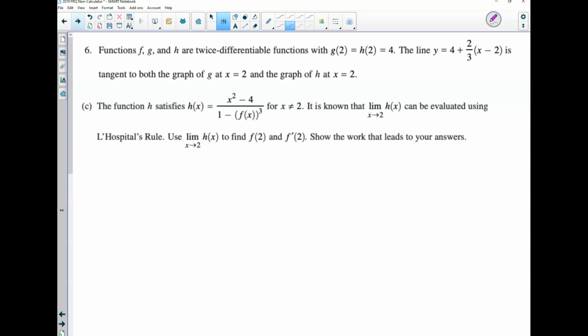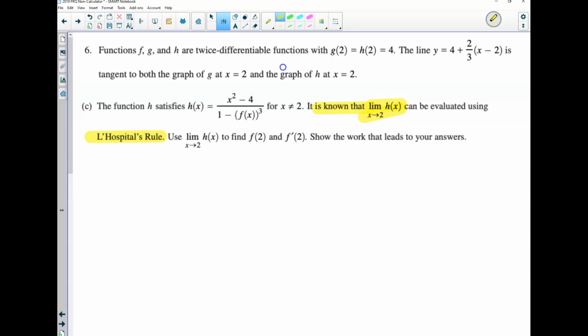So the function h satisfies h of x equals that for x unequal to 2. It is known that the limit of h, as x approaches 2, can be evaluated by L'Hopital's rule. Big information as far as I'm concerned.